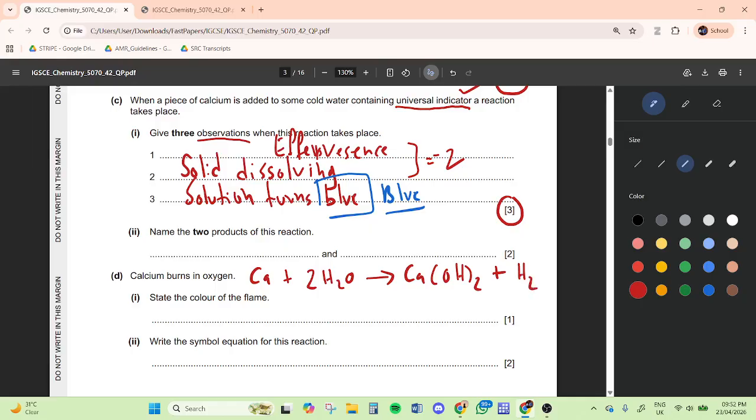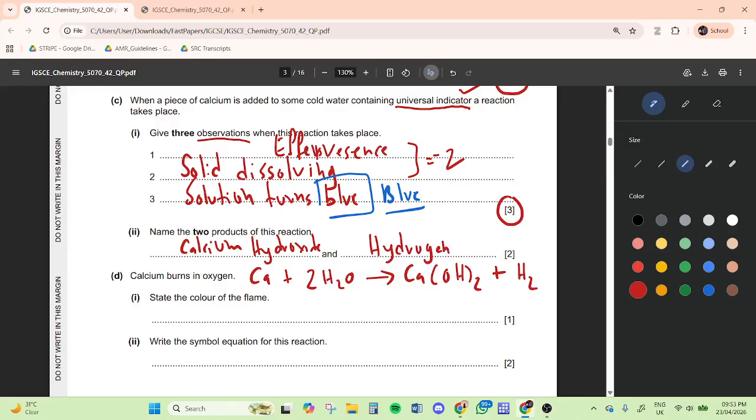So what are the 2 products? You're going to write calcium hydroxide and hydrogen.